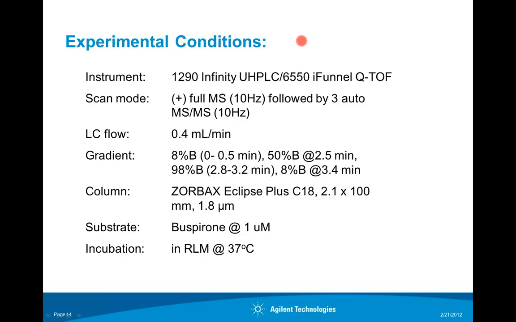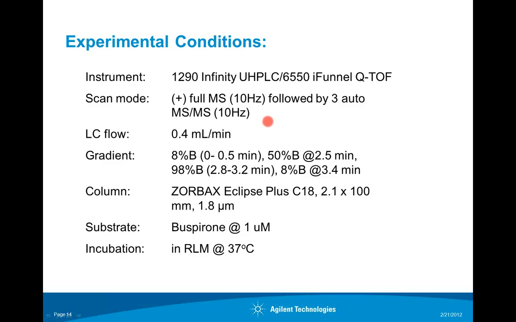So here is a brief summary of experimental conditions. The 1290 Infinity UHPLC coupled to the 6550 iFunnel Q-TOF was used for data acquisition. The mass spectrometer was operated in positive ion mode with a full MS scan followed by 3 auto MS/MS scans in this case. The scan rate is 10 spectra per second in both MS mode as well as MS/MS mode.